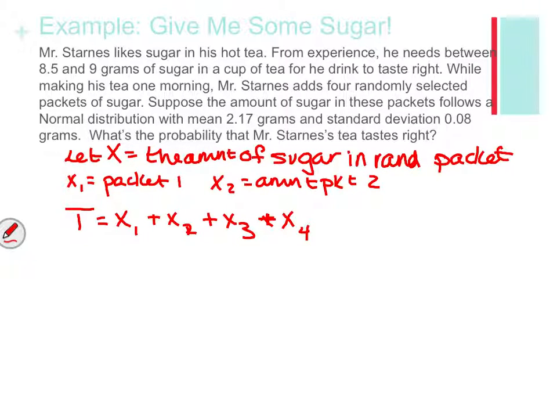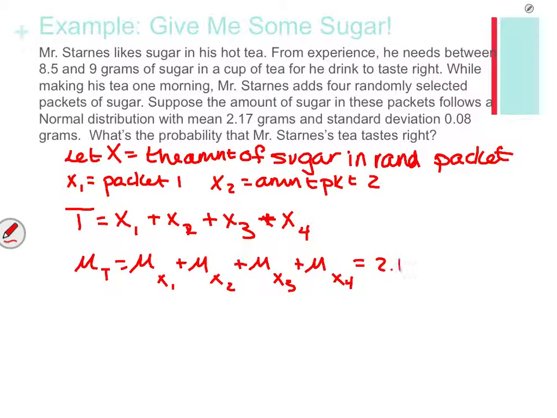So the random variable T is a sum of 4 independent normal random variables. That means that T would follow a normal distribution. The mean of T would come from the mean of each one of these packets combined. I'm just doing what I did before. They're all normal, and I'm just going to add them all together because we're looking at the combined amount for all of them.